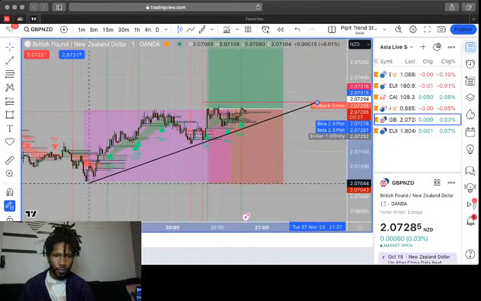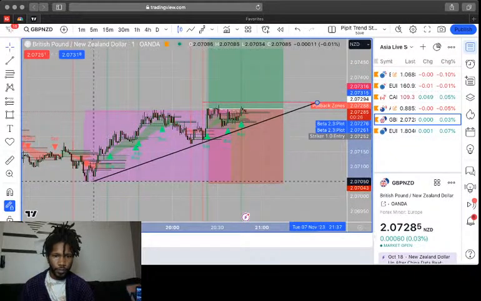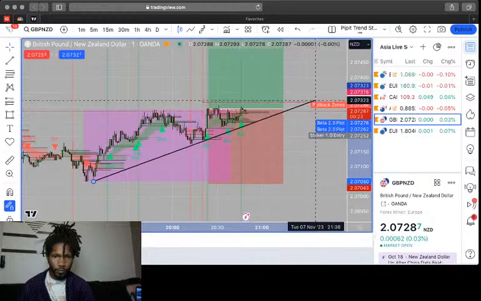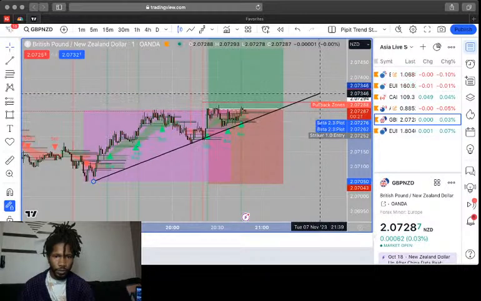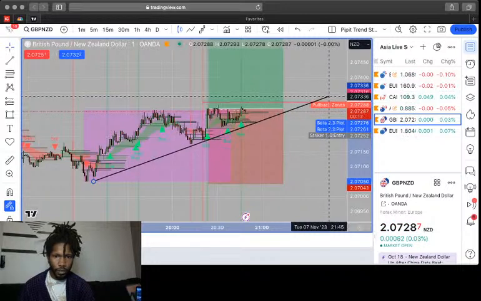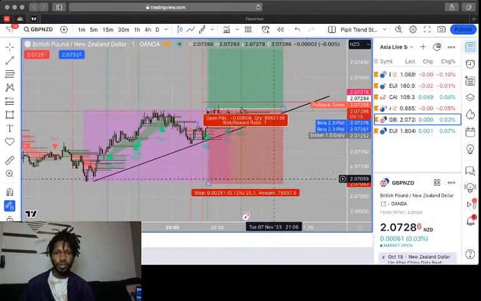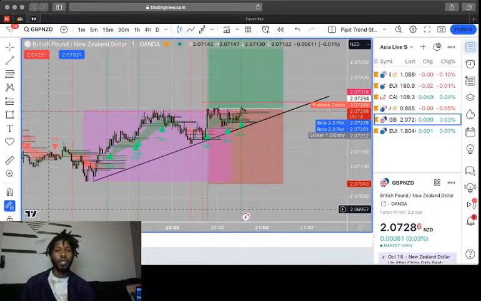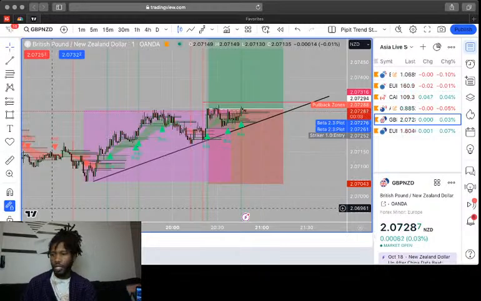Maybe this one, this wick. Alright, let's just hope GN holds, doesn't break and retest that trend line. If we can get that, that'd be beautiful.